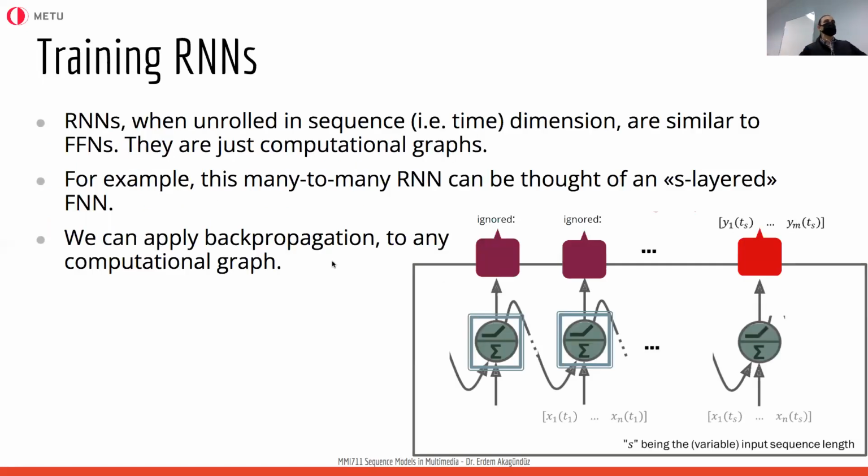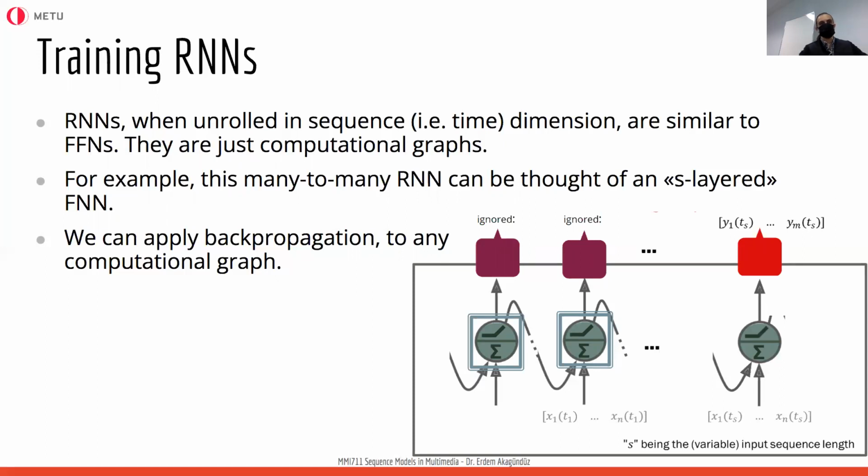Let us begin. Remember, we have unrolled the RNN in time, which means that when you're feeding sequences to the RNN, your input is a sequence of vectors which have the same size.